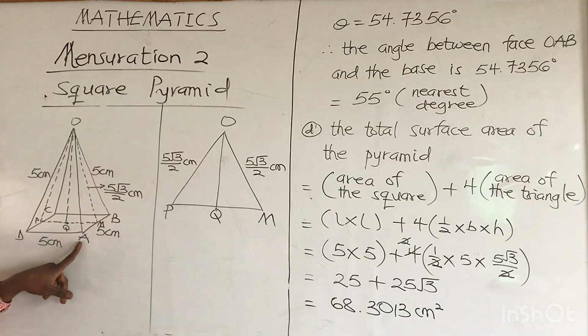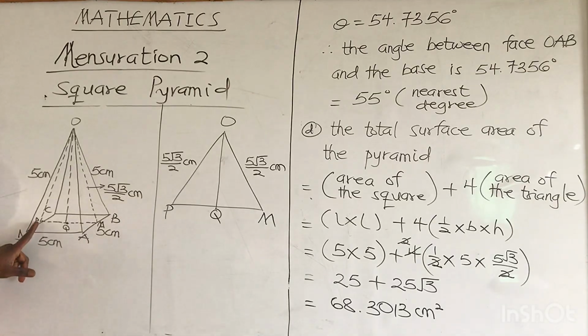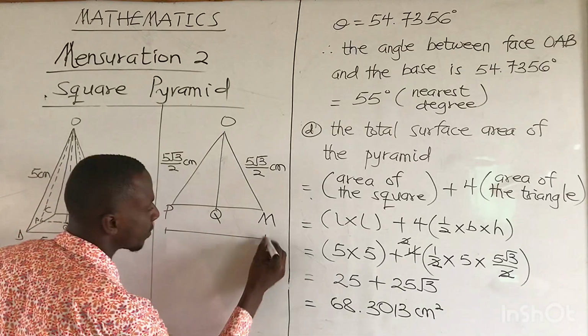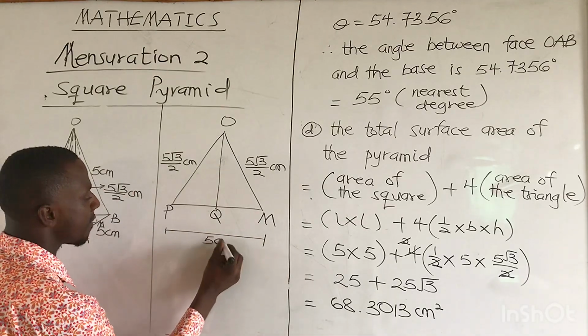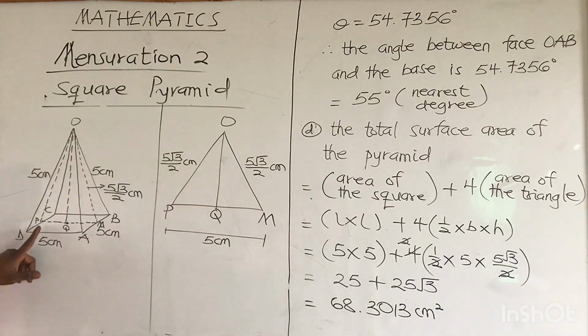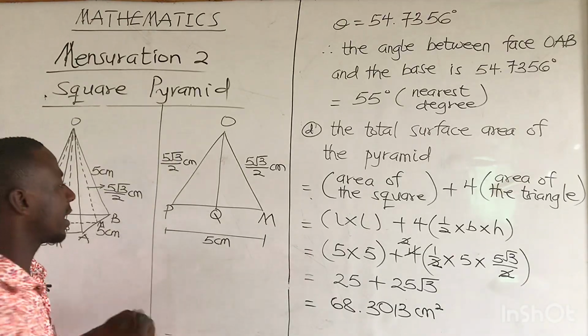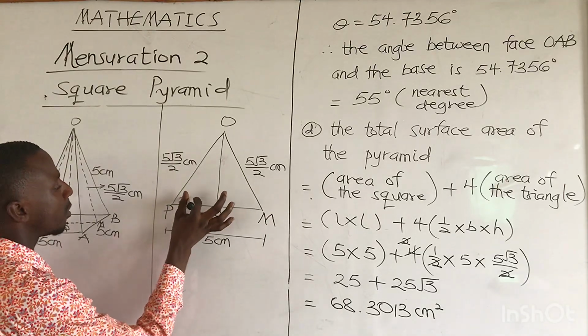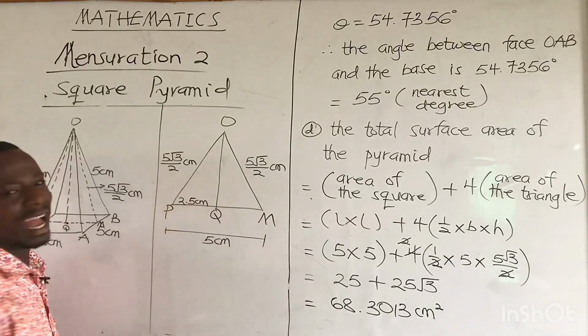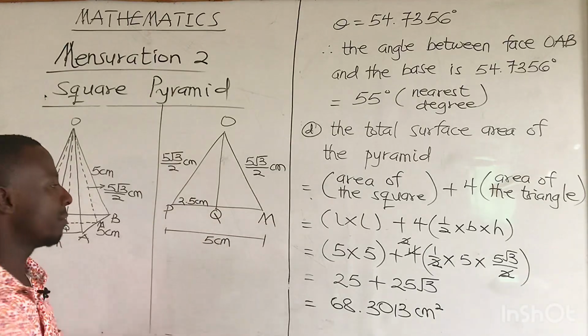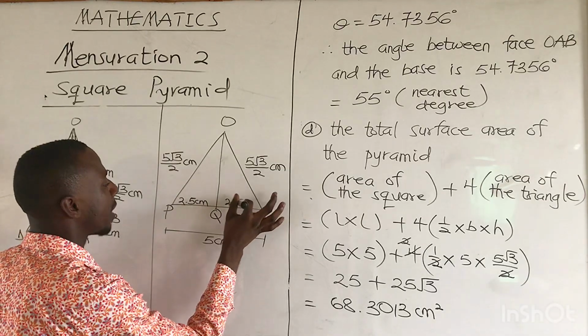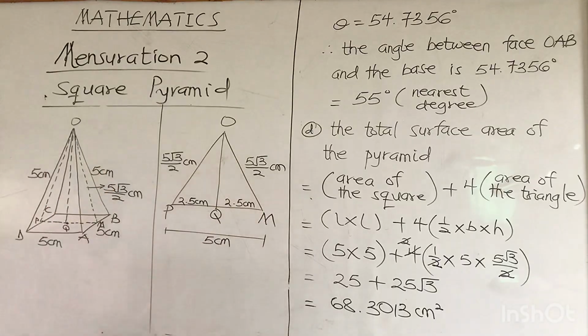And DA is equal to PM. So the whole of this distance is 5 centimeters, because moving from P to M is the same as moving from D to A. In that case, PQ is going to be 2.5 centimeters and QM will also be 2.5 centimeters.